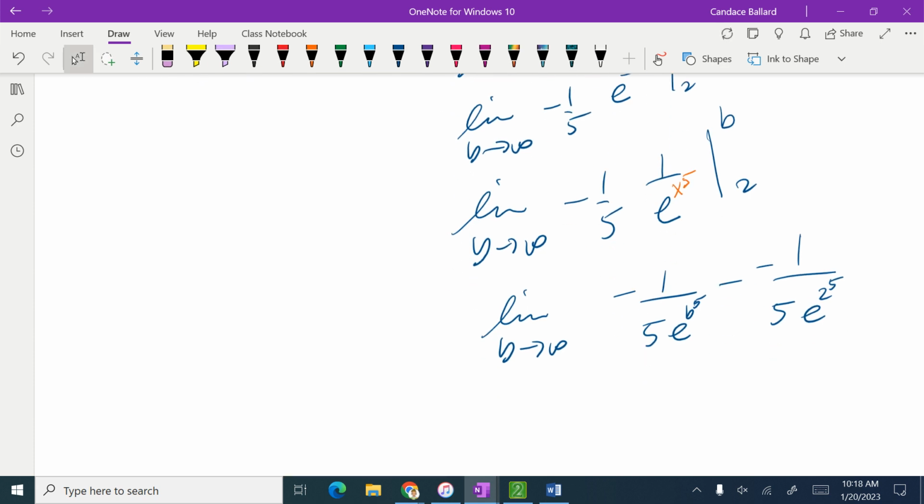Okay. We're going to put in our infinity, right? So negative 1 over 5e to the infinity to the 5th plus 1 over 5e to the 2 to the 5th.